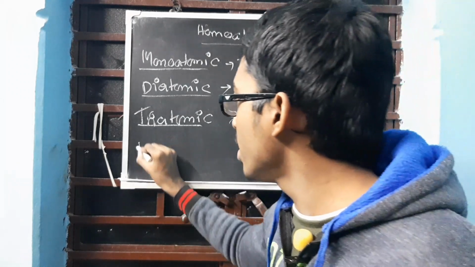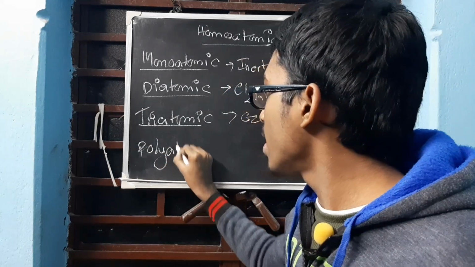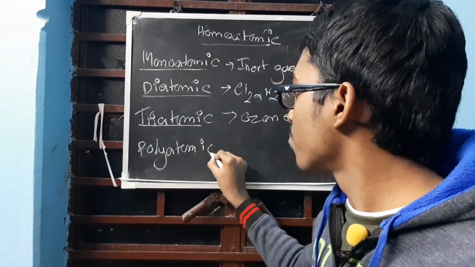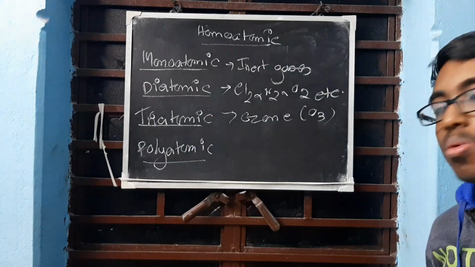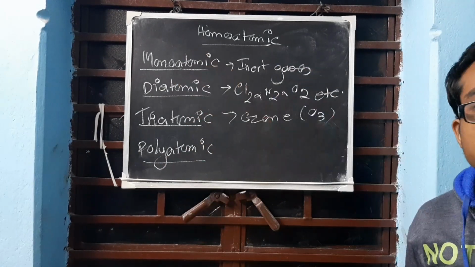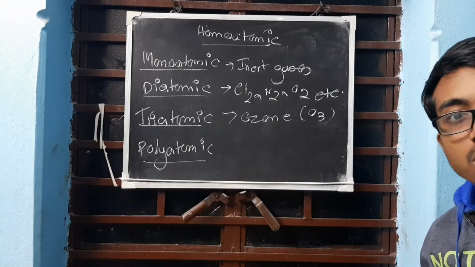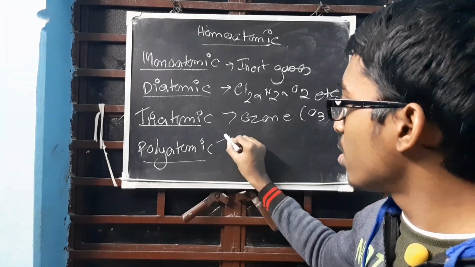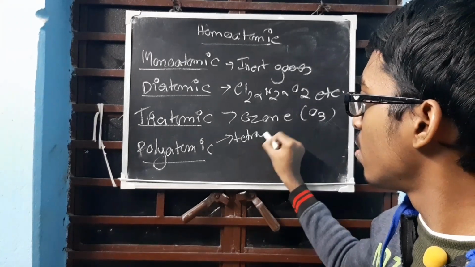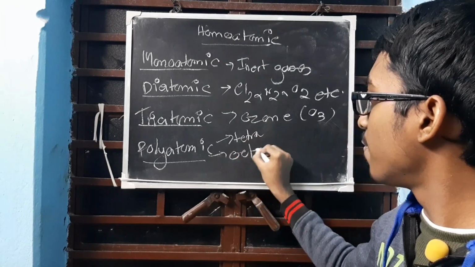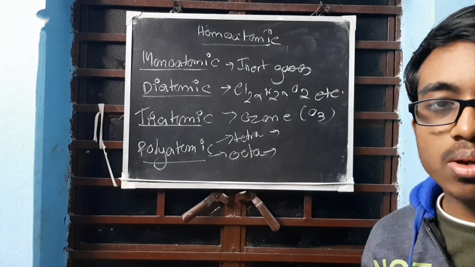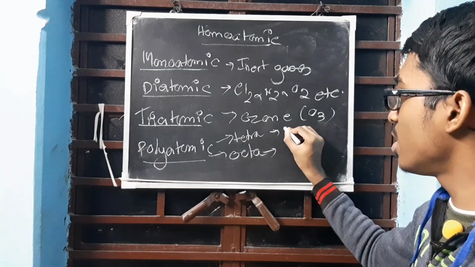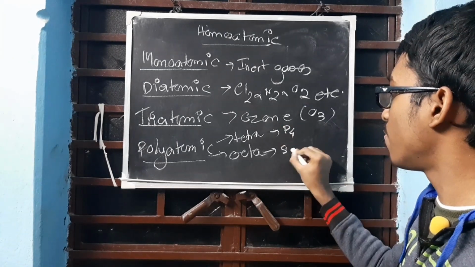Then we have polyatomic. Poly means more than two. This also falls under polyatomic. Now we will be reading polyatomic: tetra and octa. That means tetraatomic and octatomic. Who is tetra? Phosphorus is tetra, sulfur is octa.